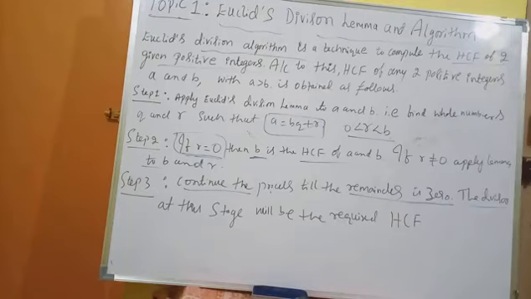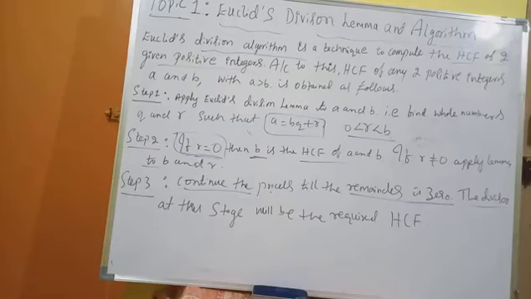The HCF of two positive integers a and b is the largest positive integer d that divides both a and b. To find the HCF of any 3 numbers, for example a greater than b and b greater than c, by using the division lemma, first find the HCF of any 2 numbers, then find the HCF of the other 2 numbers.